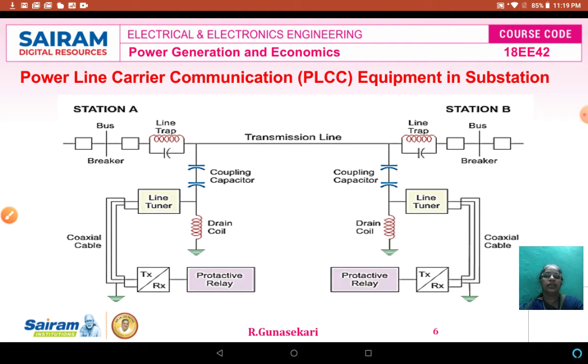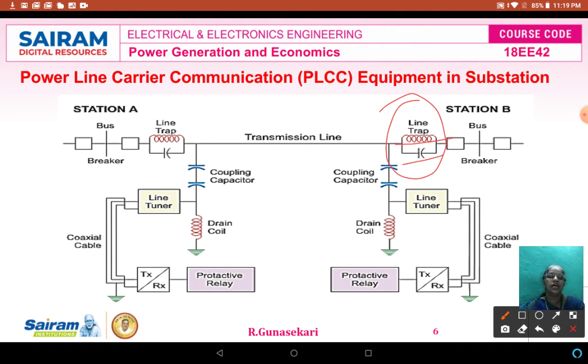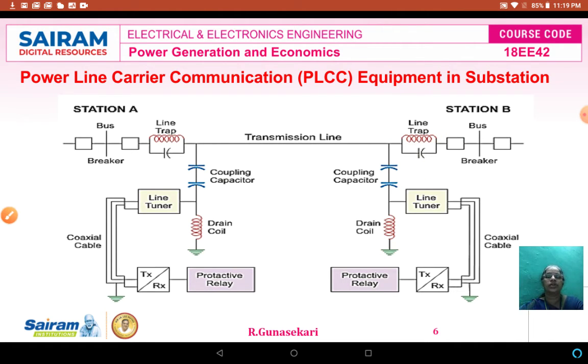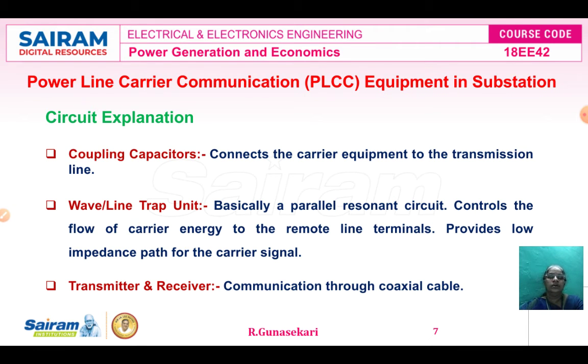This is nothing but a parallel resonance circuit, with capacitive reactance and inductive reactance. That's why the line trap circuit is a parallel resonance circuit, because L and C are connected in parallel. The wave line trap unit is used to control the flow of carrier energy to the remote line terminals, and to provide a low impedance path for the carrier signal.